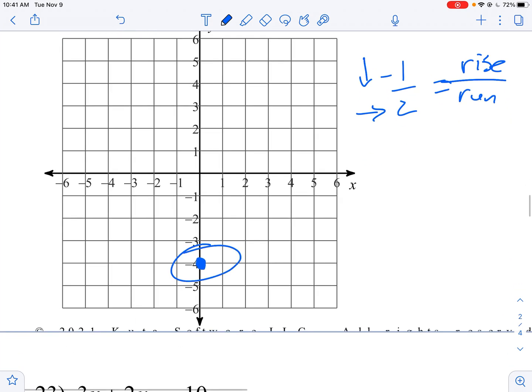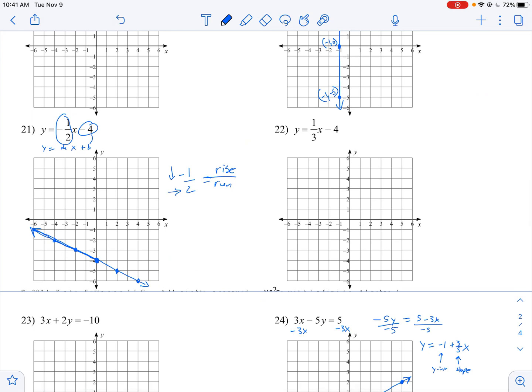So from my y-intercept, I'm going to go down 1, and right 2, and put a dot there. And I can go down 1, right 2 again to get another point. You can go the other way. You can go up and left. So you can go up 1, left 2, and repeat. And now we got all these points, and we can connect them up to make our line. That kind of curved there. Straighten it out. All right, so we have graphed that line.